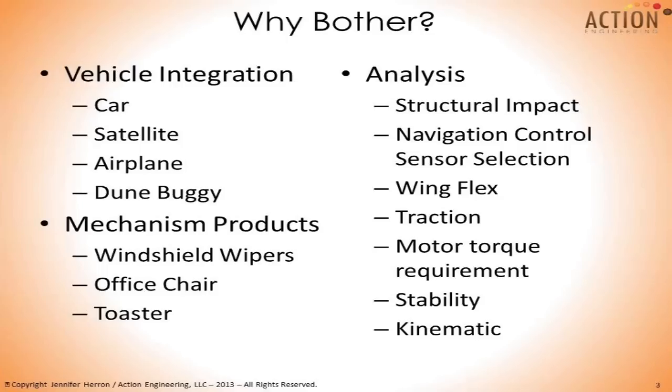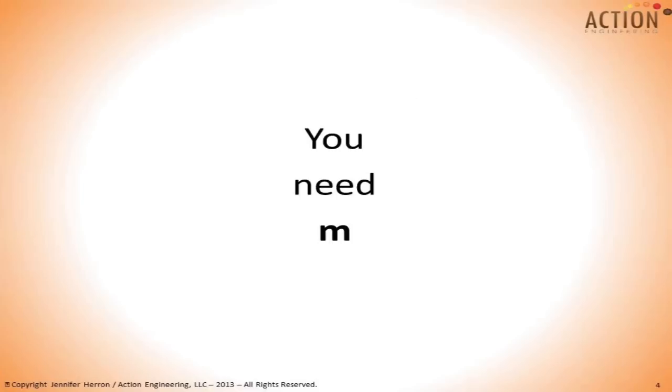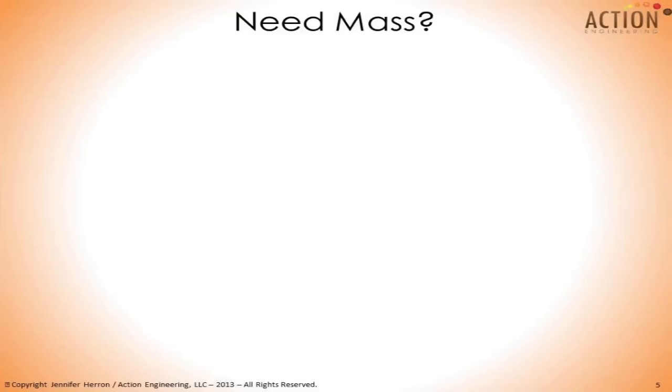You also need it for a suite of analyses that gets done. So the bottom line is you need M, and what I'm going to talk about today is how you get M into your CAD models in a robust manner.